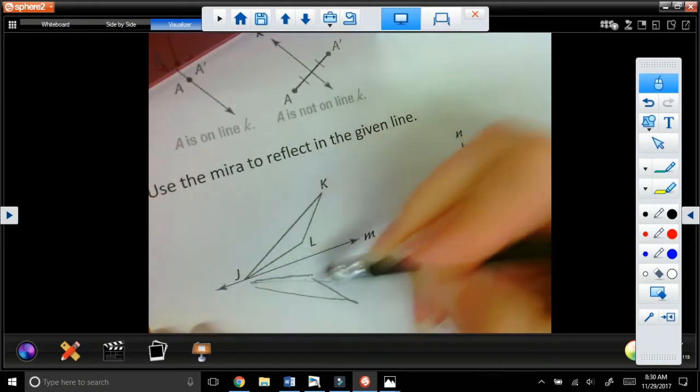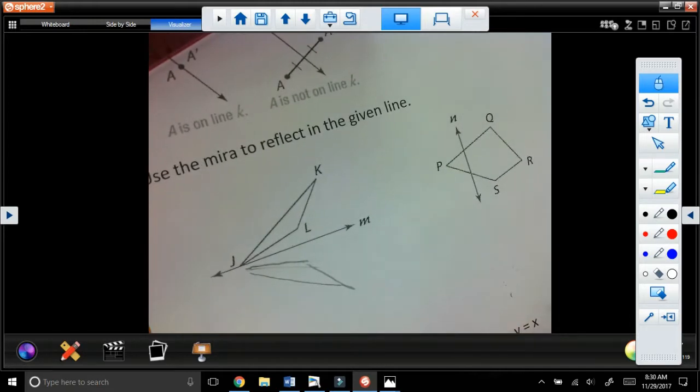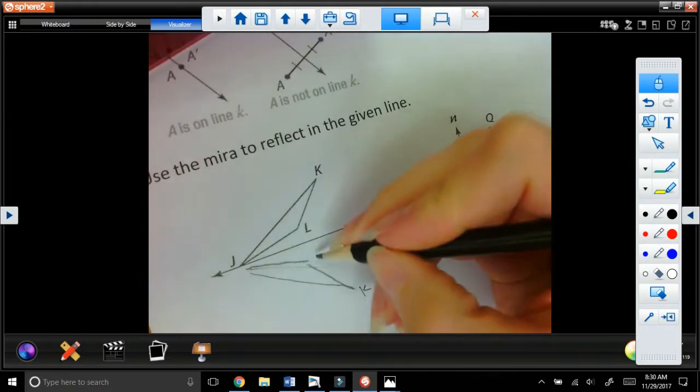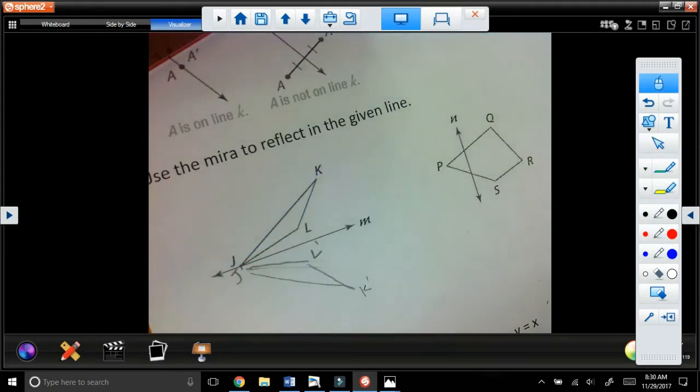Okay, and I need to erase mine a little bit because I got it a little bit off. But we can see here, mine is not awesome. But we can see here we have a rough reflection of where that's supposed to be. When we do this on graph paper, it'll turn out a lot better. But this is just a way for us to be able to reflect in any line and kind of see what's happening there.